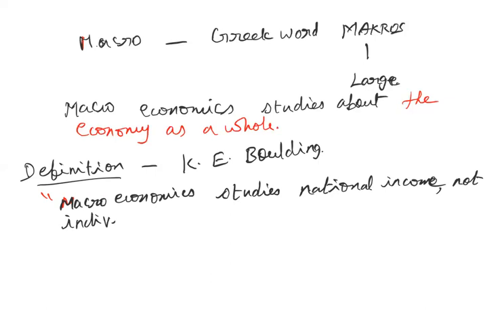So individual income is studied under the microeconomic analysis. But macroeconomics studies about the total national income of the country.